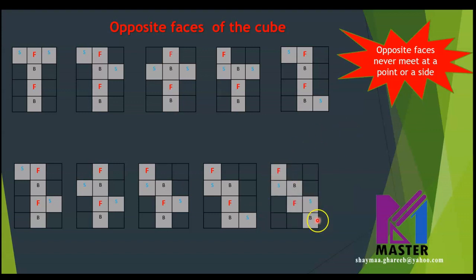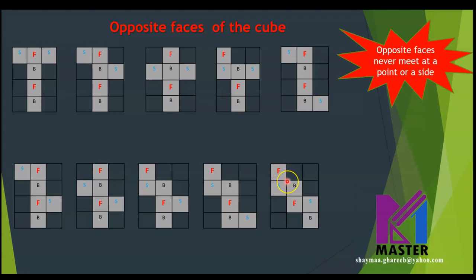Now, look at this net. We don't have any 3 faces in a row or in a column, or 4 faces in a row or in a column. So where to start? If I look at this face here, could it be opposite to this one?